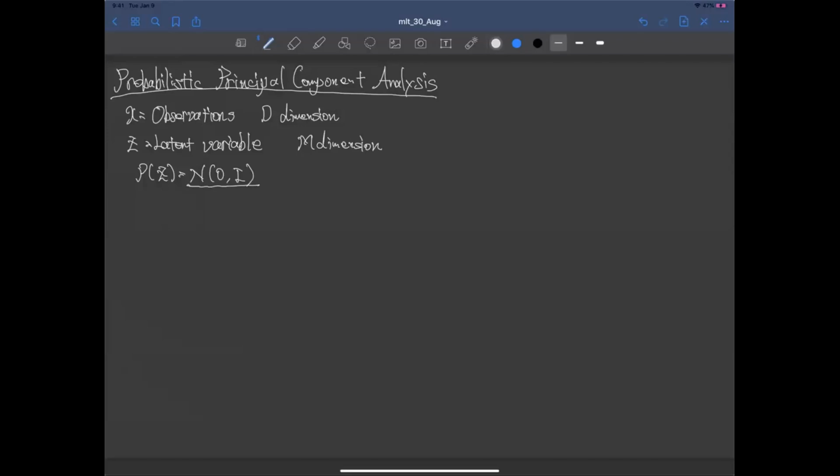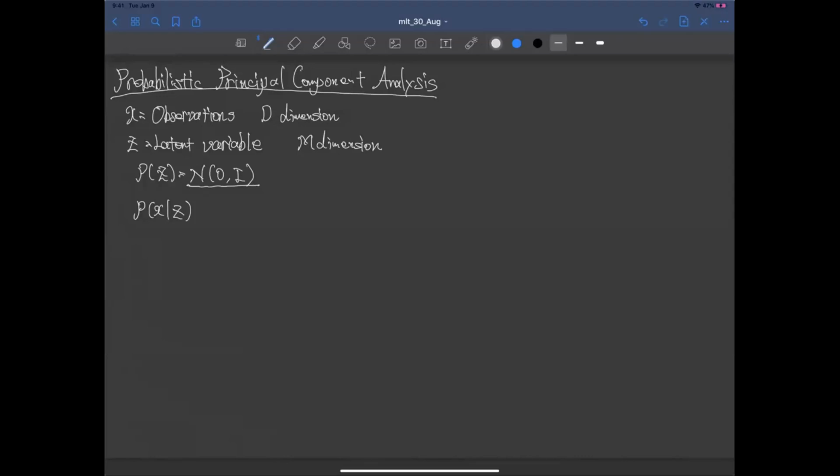Then also the distribution of X given Z. The interesting point in probabilistic principal component analysis is that we assume, first, that Z is sampled in the latent space, and that sample is transformed with a matrix.